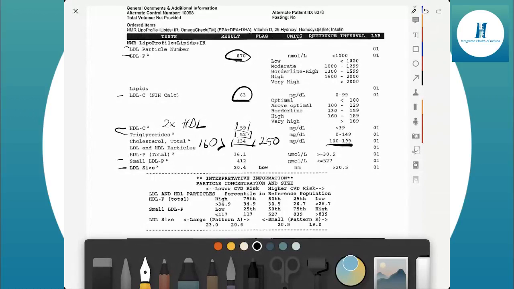So when we look at that, we want to see values at 160 or greater or less than 250. And this person is right at that 134 range. And when we see that, once again, we want to bring that up.